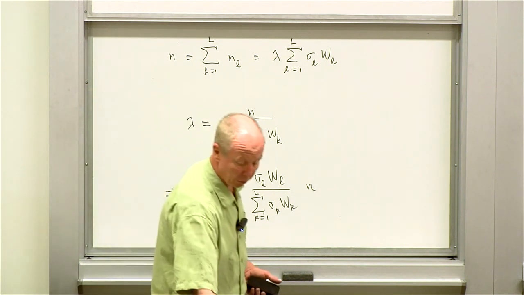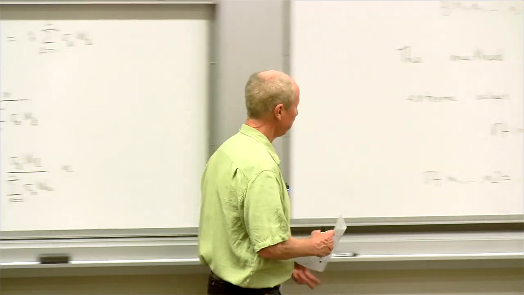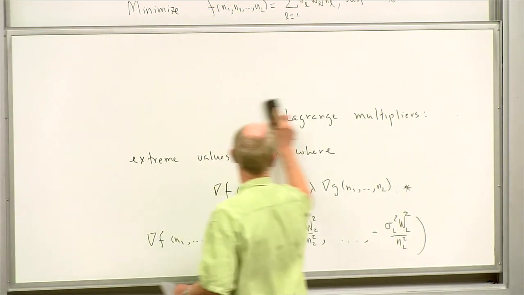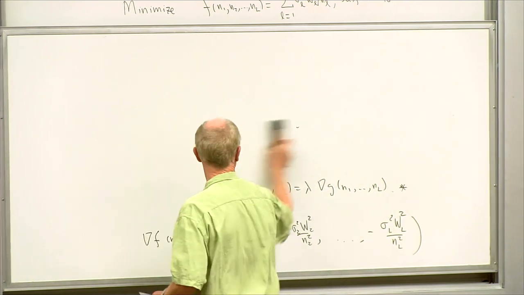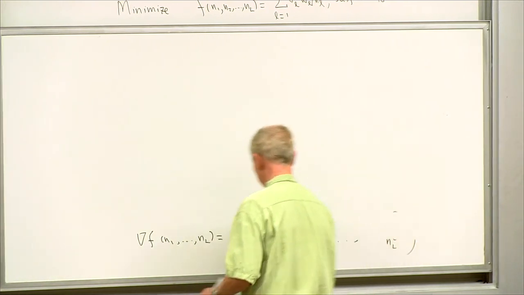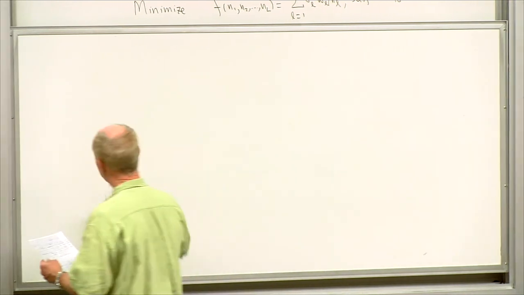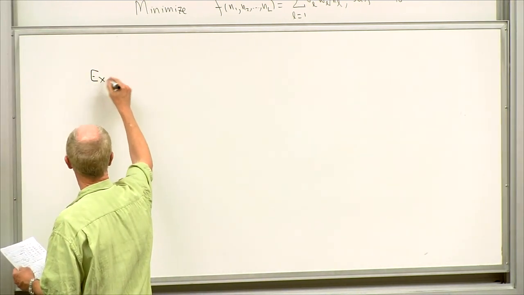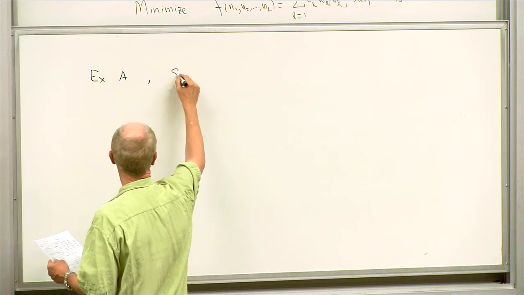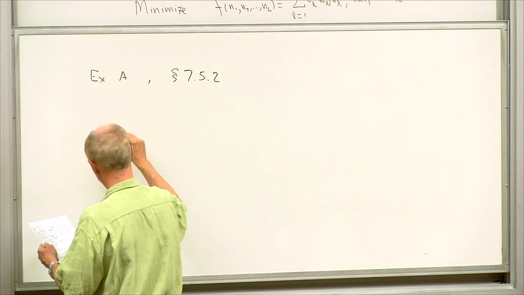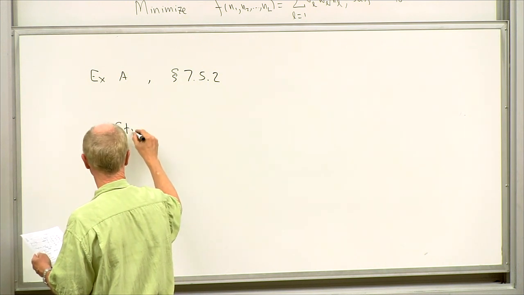So there's a little table in the book. It's example A from section 7.5.2, where it's the hospital example again.